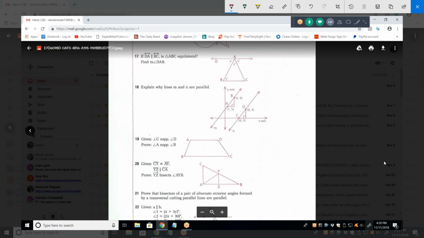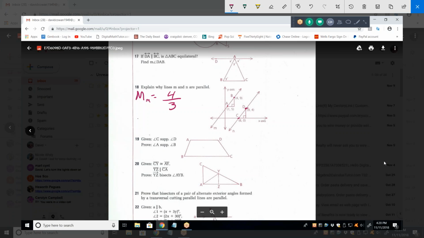We got to figure out what the slope of line M is. Well, we got a point there and a point there. Figure that slope out. We got a point there and a point there. We can figure that slope out. So what's the slope of line M? Y on the top, x on the bottom. Oh, yeah, Y on top, 9 minus 4 over 3.